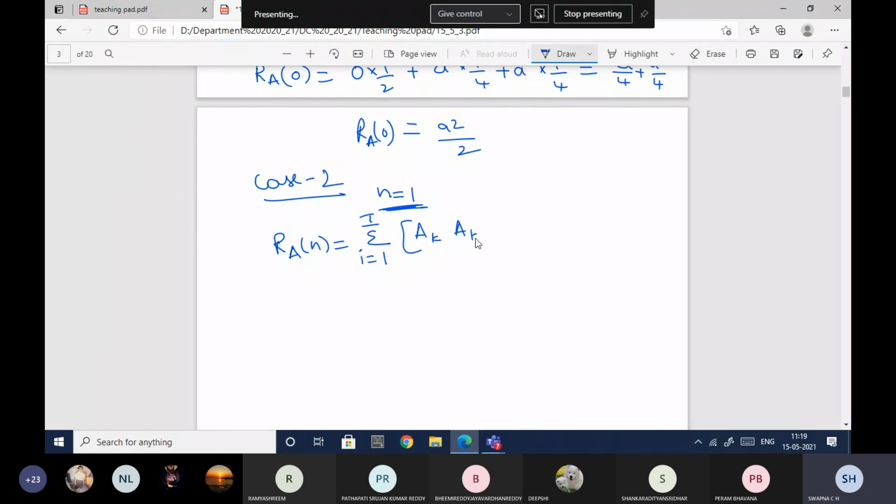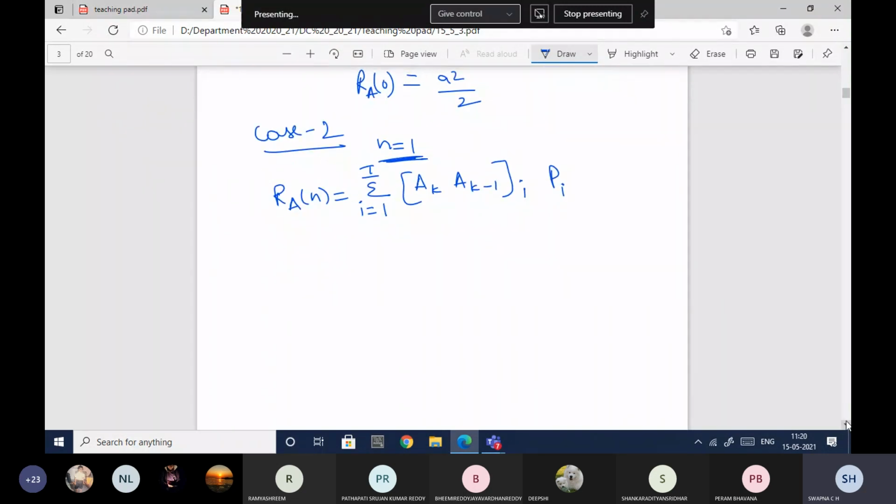Let us denote it in the form of a tabular column, in the same way I've represented before. First this AK can be 0. If it is 0, the next one can be a 0. If it is 0, the next one can be a 1.